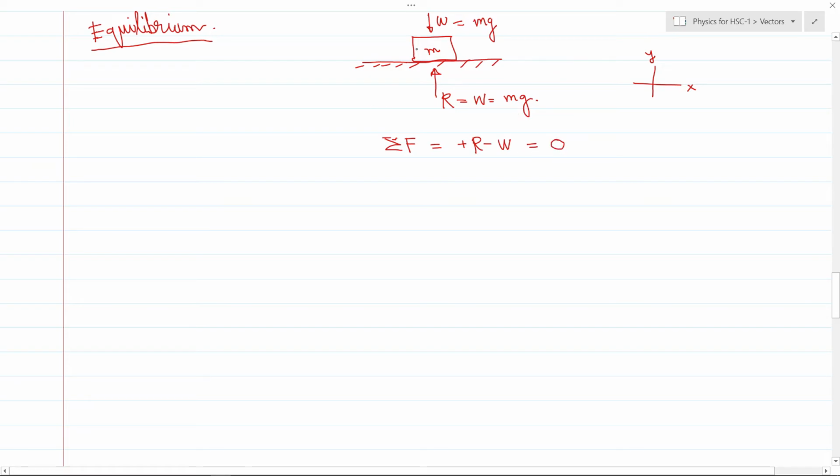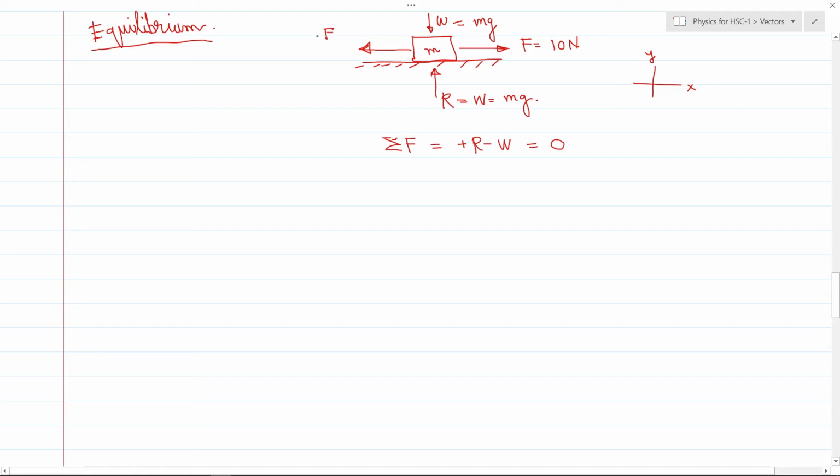Now, in the same example, if we apply a force, say F, equal to say 10 Newton in the right hand side direction, this body will start moving in the positive x-axis direction. But if we want to stop it, what do we have to do? We have to apply the same force but in the opposite direction.